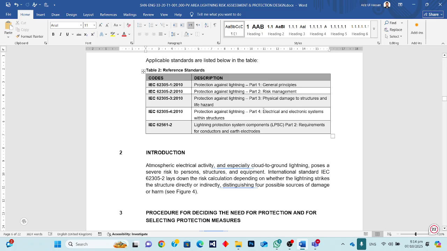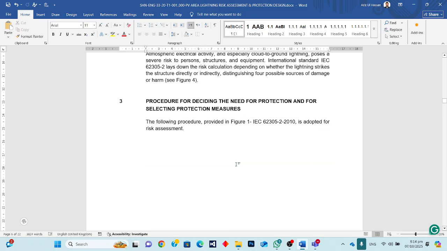Now we move on to the next. Now, the procedure for deciding the need for protection and for selecting the protection measures. We are moving ahead to whether the solar power plant and electrical system need the lightning protection design, protection study, or whether their risk is in the tolerable limits.